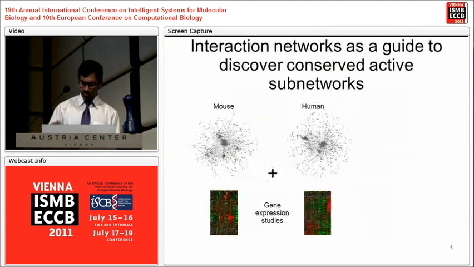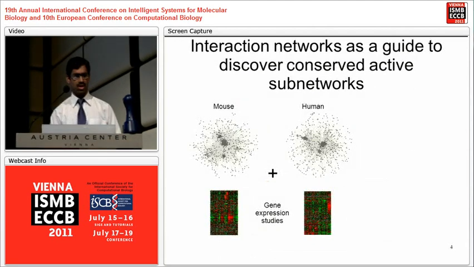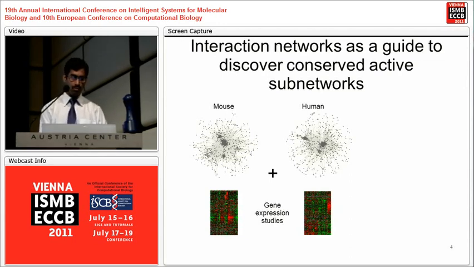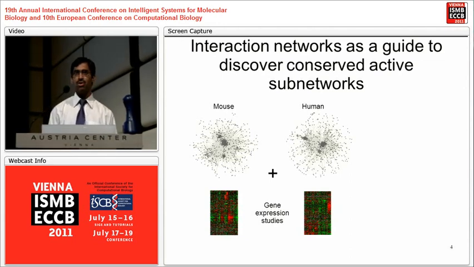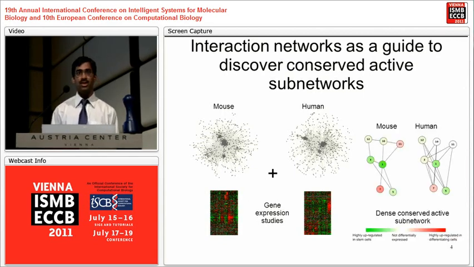So we decided to use networks in addition to the expression data, and the problem is we want to discover subnetworks of these networks, coherent dense subnetworks that contain genes which are active in both the expression data.